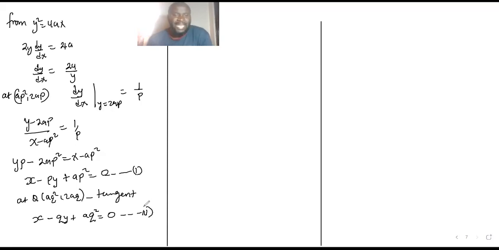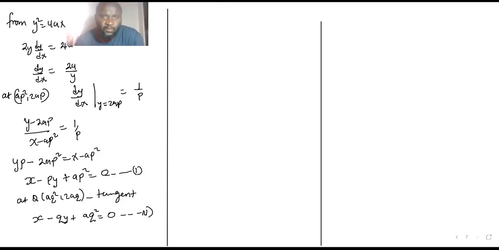Now, if these two lines meet, remember we have done coordinate geometry, and we know when lines intersect, we solve them simultaneously. Okay, so I can subtract equation 1 minus equation 2. I'll vanish the x, and I'll have (q minus p) of y plus ap squared minus aq squared is 0.